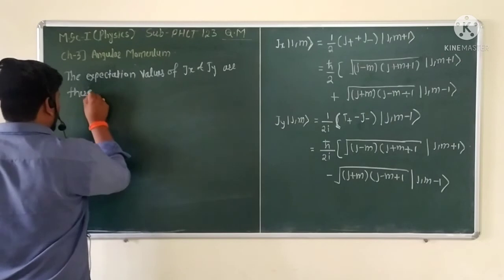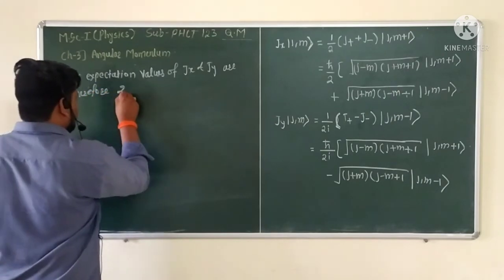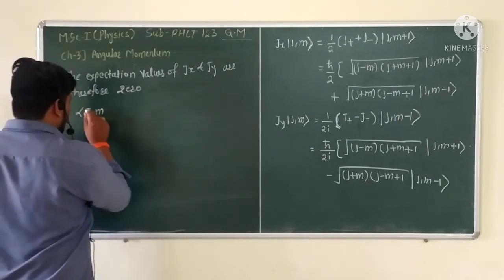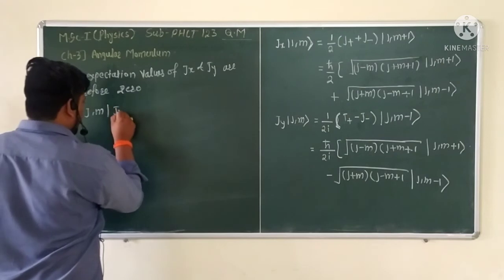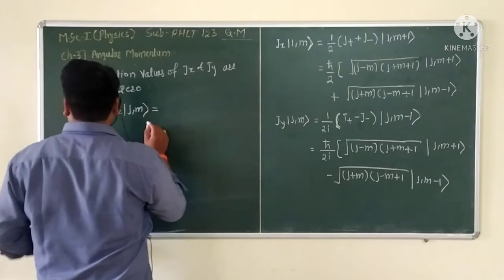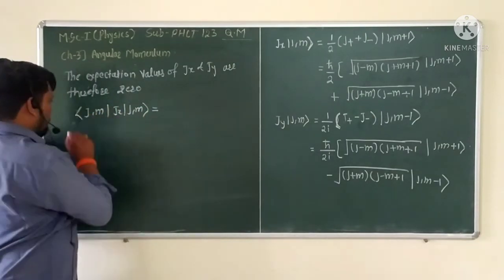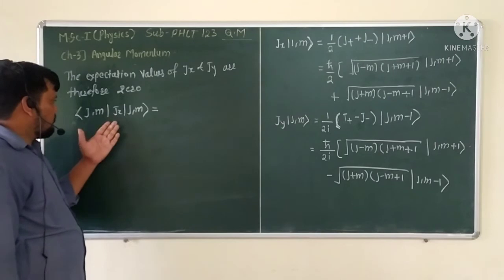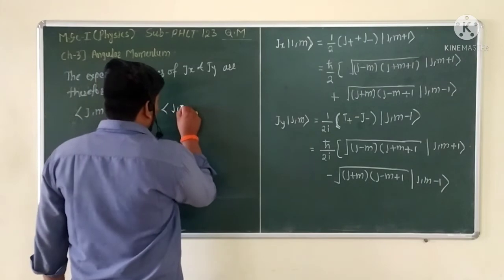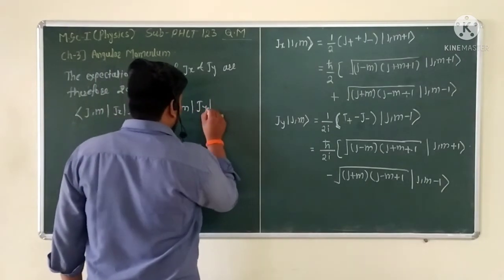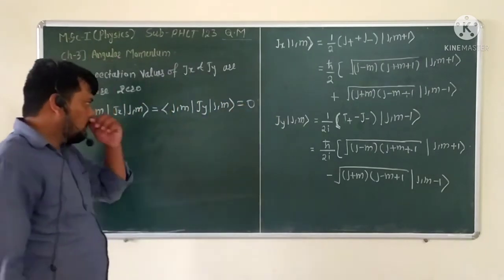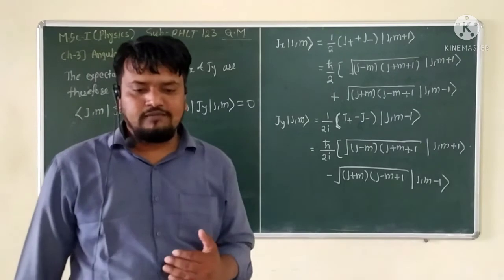So that means bra of J comma M, operator Jx, ket of J comma M, and also the bra of J comma M, Jy, ket of J comma M, this is nothing but the expectation value, and this expectation value of Jx and Jy is 0.